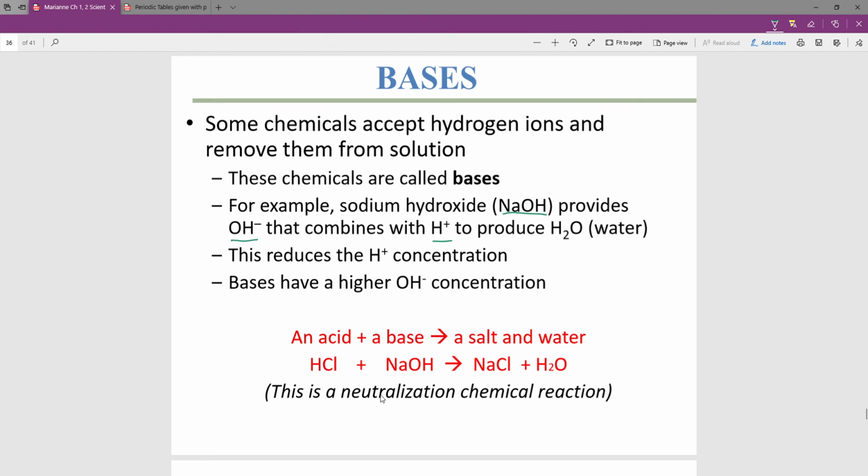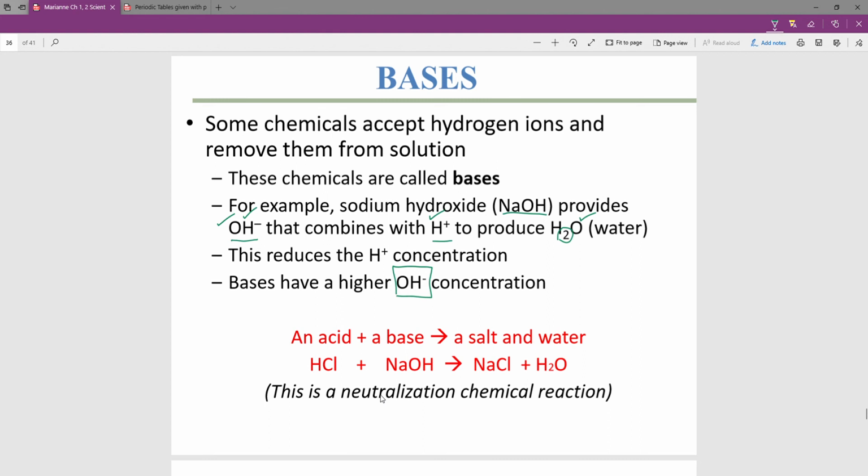So you can see here, 2 hydrogens and 1 oxygen. This reduces the hydrogen ion concentration, and as a result, bases have more hydroxide ions in them than they do hydrogen ions. So they have a higher hydroxide concentration.